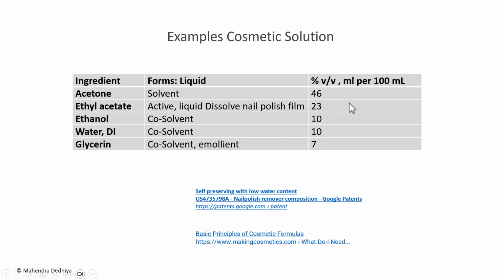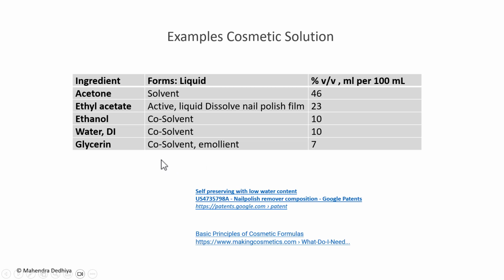Acetone is used as a solvent in nail polish remover to remove the lacquer as well as colors. Ethyl acetate is an active that dissolves the nail polish lacquer. Ethanol is used as a co-solvent. In this case, water is also used as a co-solvent. Glycerin is a co-solvent emollient.